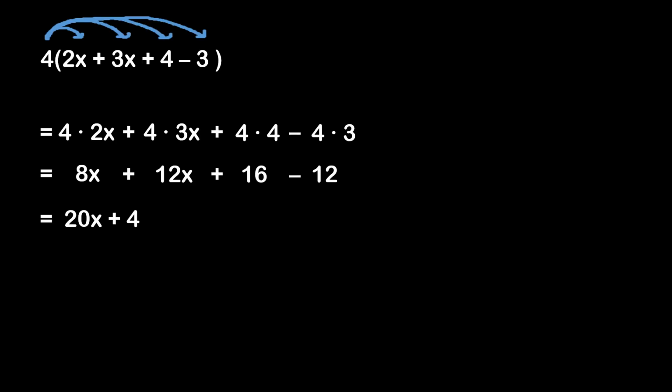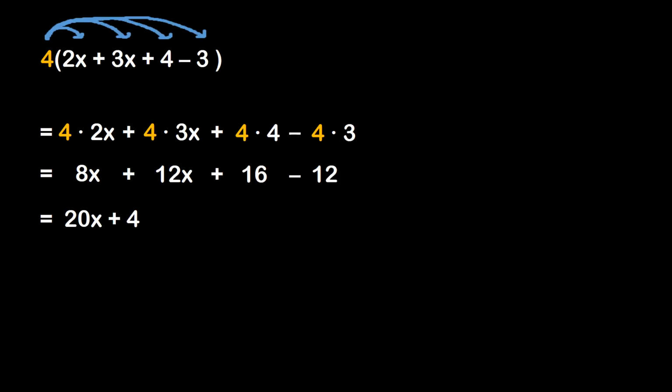So our final answer is 20x plus 4, and once again I'll add the color coding if it helps. So we can see that 4 wanted to go to every term in the brackets. So we multiplied every term in the brackets by 4, just as in the last two examples, we multiplied every term in the brackets by 3 for the first example, and I believe it was 5 in the second example that we did.